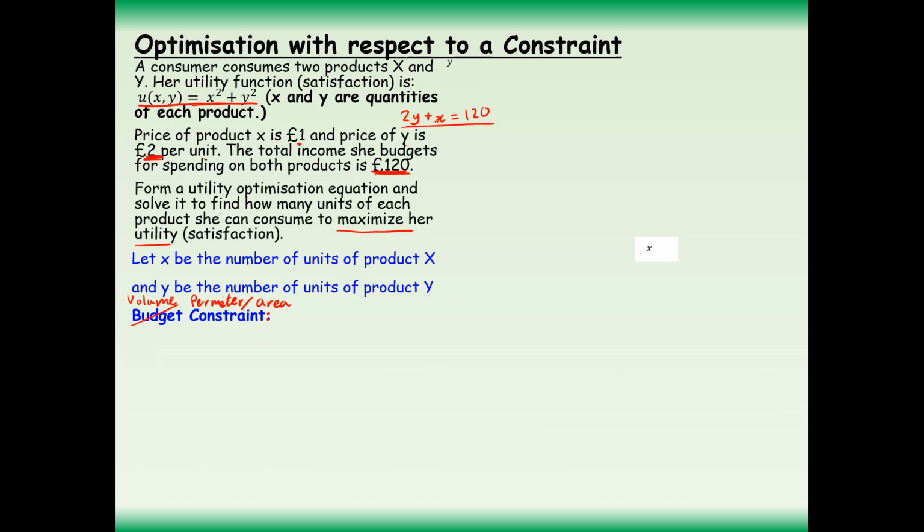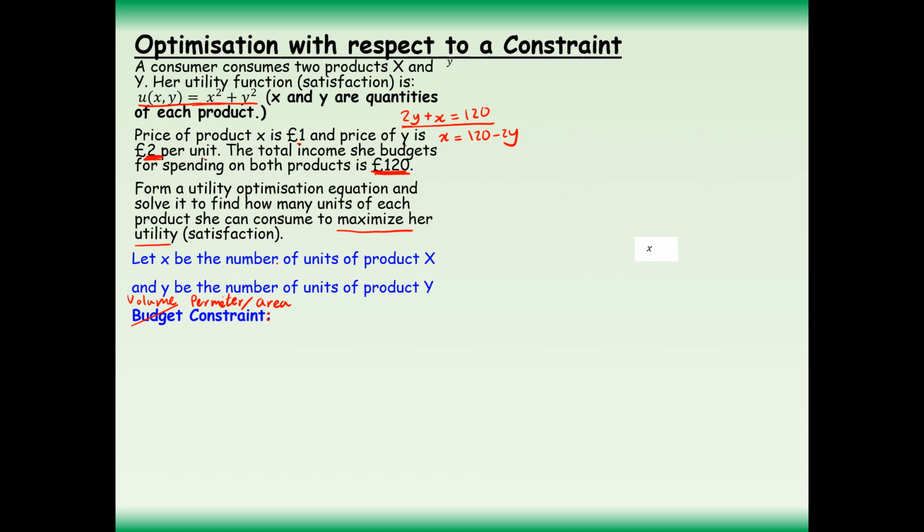Now this is a linear equation. In some cases it might have higher powers, but this is the point where you can write one variable in terms of another. So we can say x is 120 minus 2y.